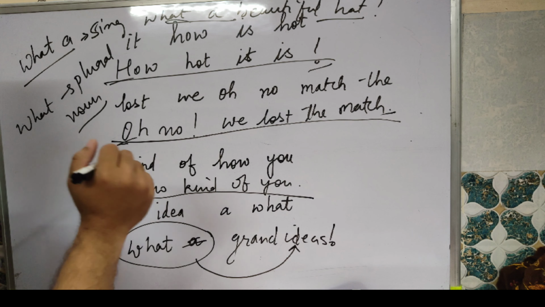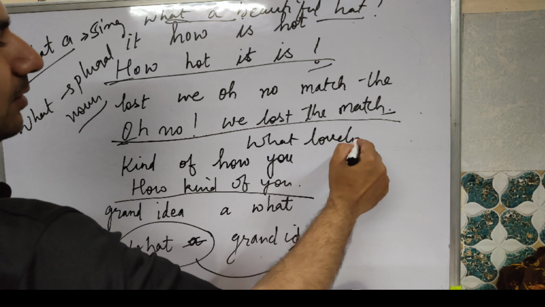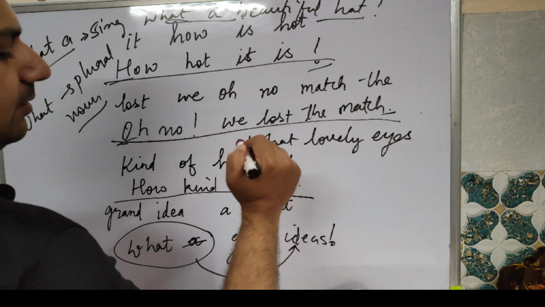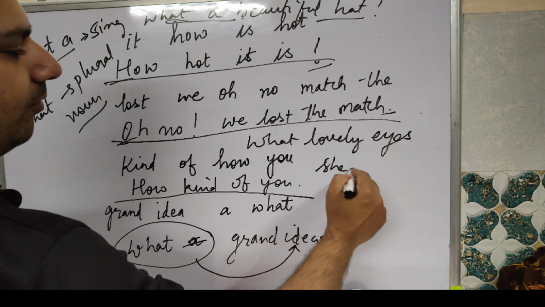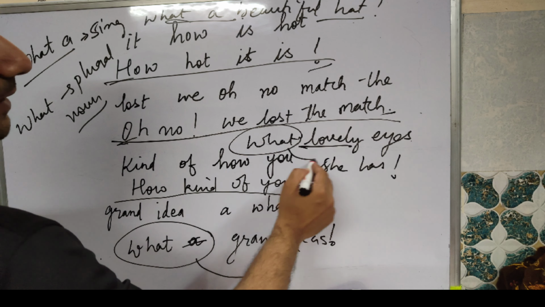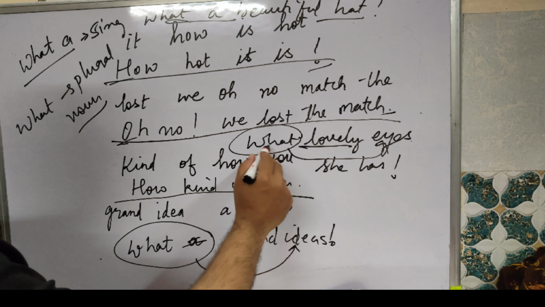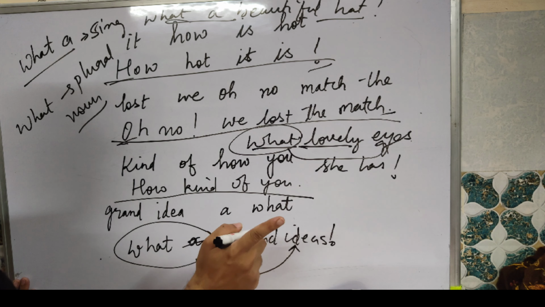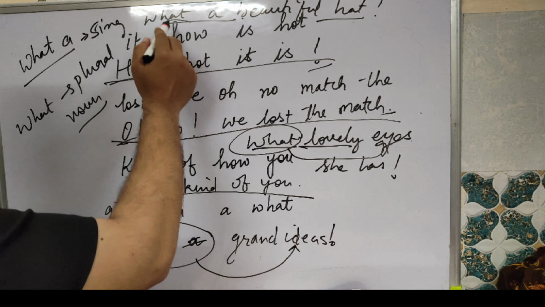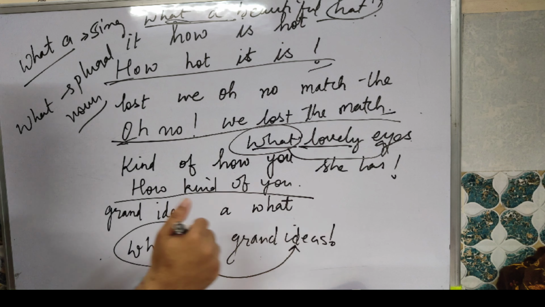Okay, if I am saying over here what lovely eyes she has, exclamation. Now this what is actually connected with eyes, the noun, and that is in the plural form, so that is why it is what, not what a lovely eyes, what lovely eyes. And here what a beautiful hat, because there is only a single hat.